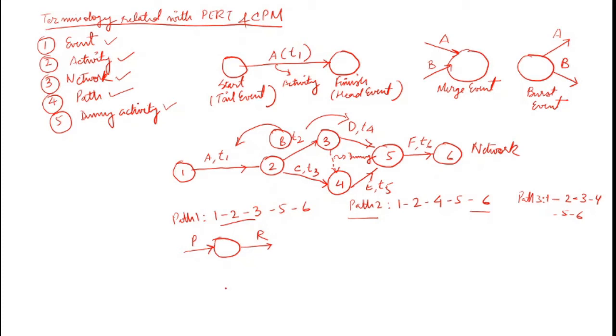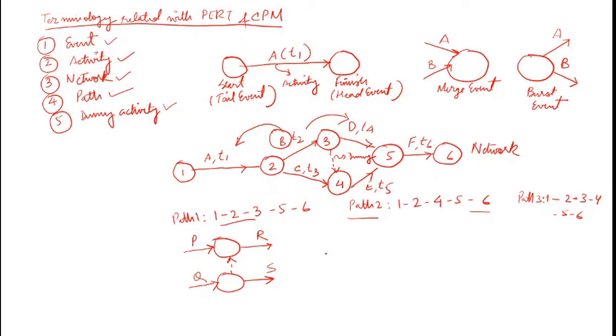Similarly, there is another activity Q, which finishes at an event, and out of that event there is another activity S. In this network there is no logical sequence between these activities. To make a logical sequence, we can connect it with a dotted line. This dotted line or dummy activity will not be taking any time or any resource. It is just to make a logical sequence out of the activities.